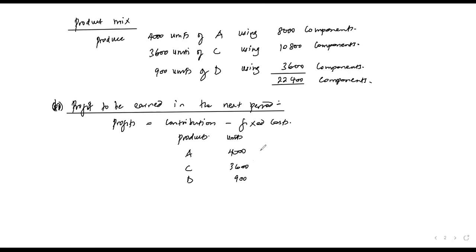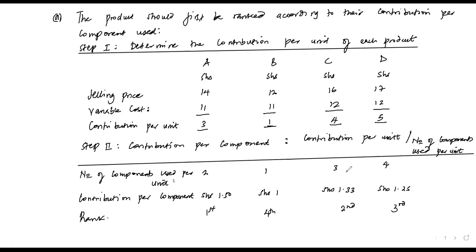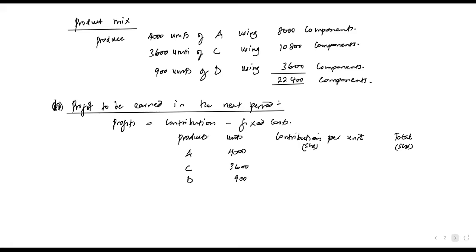Of course, we have their contributions per unit already. This is in shillings. What is the contribution per unit of product A? Let's try to find out. It's 3.